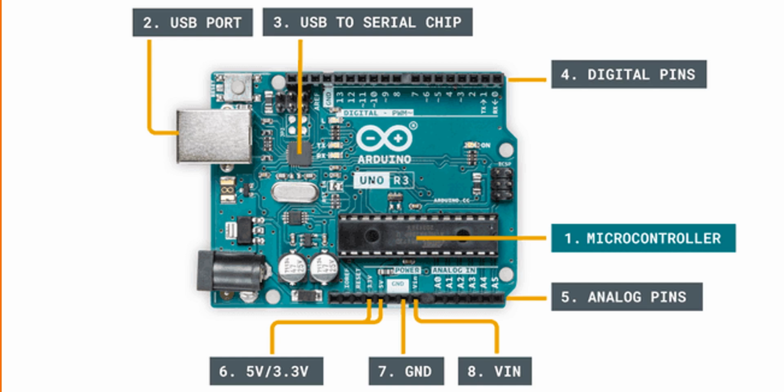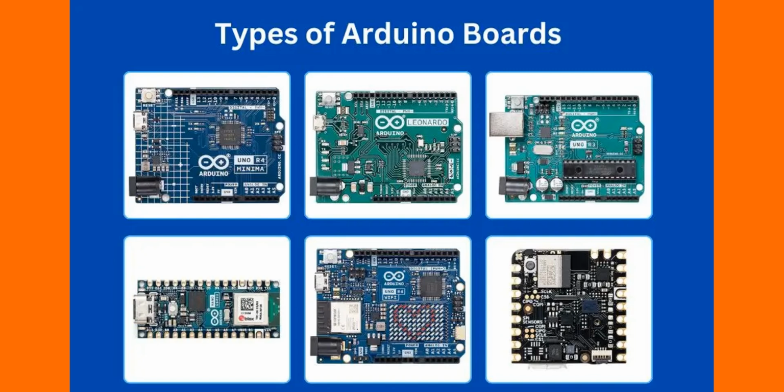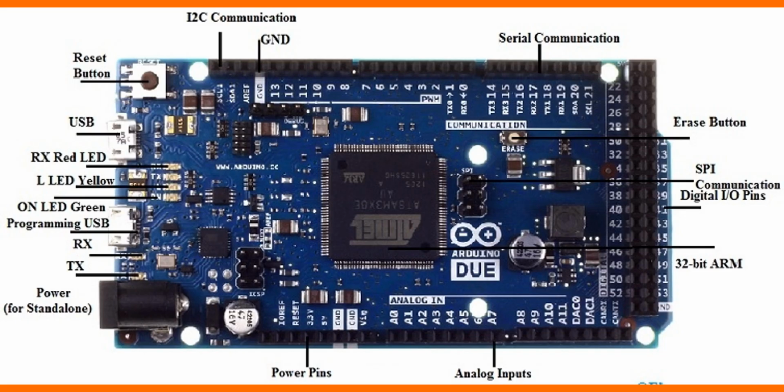Every Arduino board has a few core features in common. There is the microcontroller chip, which is the brain of the board, a power regulation section, a set of digital and analog pins, and communication interfaces. Depending on the board family, the operating voltage is usually either 5 volts like the Uno or Mega, or 3.3 volts like the Due or MKR series.